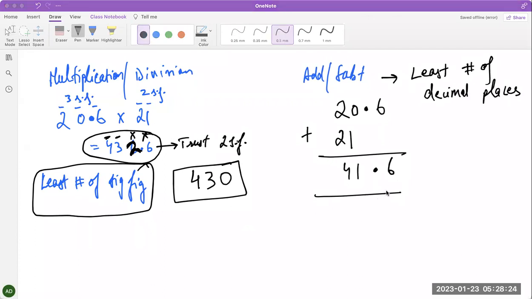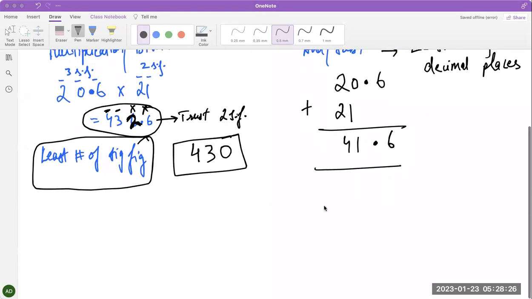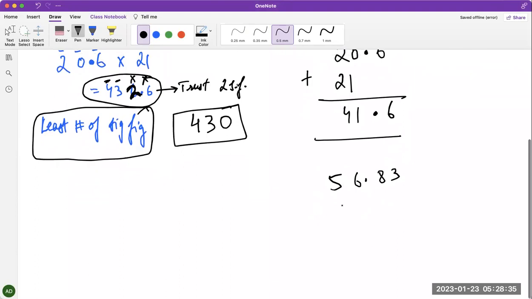What does that mean? Let me give you a quick example. Let's say you were adding these numbers, 56.83 and 2.1.